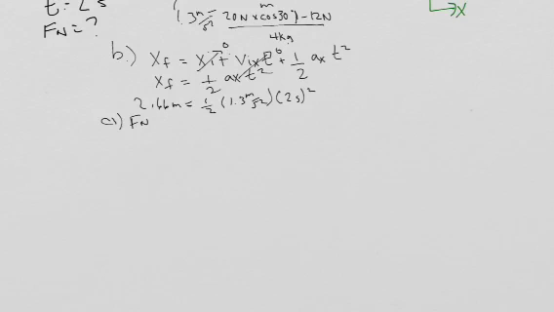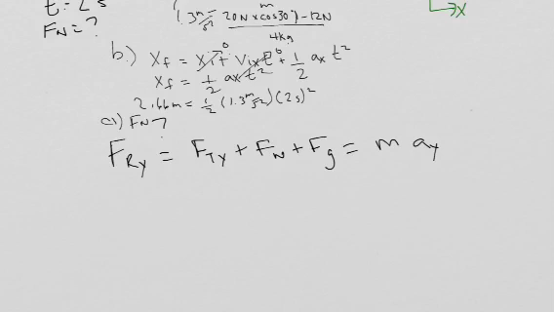So if we look at this from the Y, we've got our Fn that we're looking for. Newton's second law states that the resultant force in the Y is going to be equal to the sum of all the Y forces. So Fty plus Fn plus Fg will be equal to the mass of the object times acceleration in the Y. So here's my question.